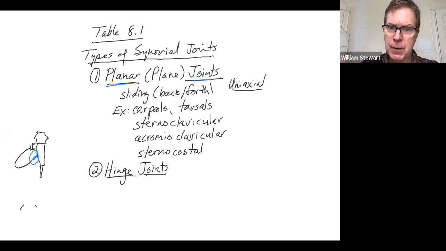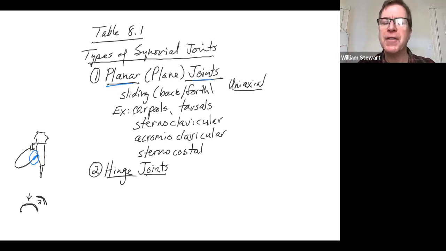Convex meaning this surface would be convex, and then a concave mating surface on the other bone, which would be this surface. So hinge joints are a convex surface fits into some sort of concave surface. One bone usually remains fixed, and then the other bone swings around that fixed bone, moves around its axis.